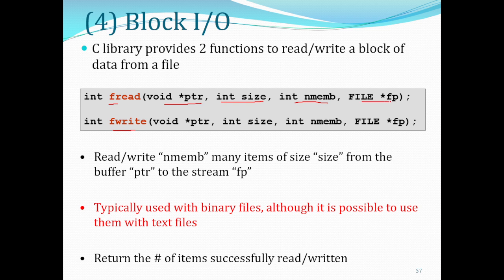And this is the target file pointer. For reading we have this. For writing we have something similar. First of all, we have the pointer that we want to write the data from, and then we have the size, how many bytes we are going to write in a block, and this is how many blocks.